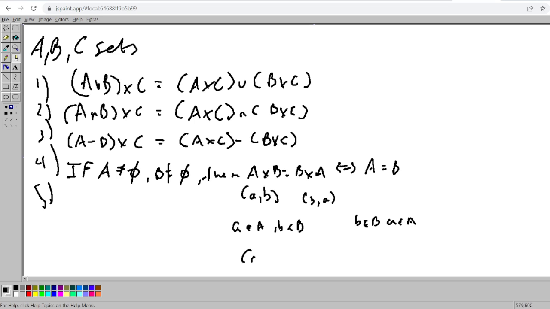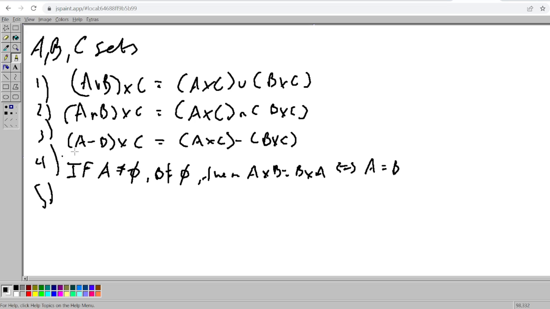And we know that (a, b) is equal to, in this case, we can just say (c, d), then a is equal to c, b is equal to d. We can just use that logic here. You can make a rigorous proof for it, but I think it's kind of intuitive to see that.